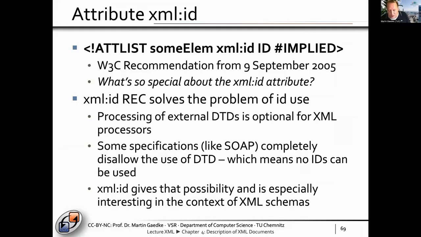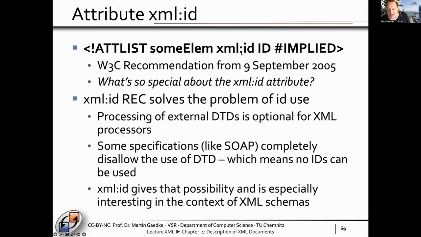Attributes of special kinds like XML ID, which we have here, is a specific identifier that is used for describing identifiers in the context of XML specifications.